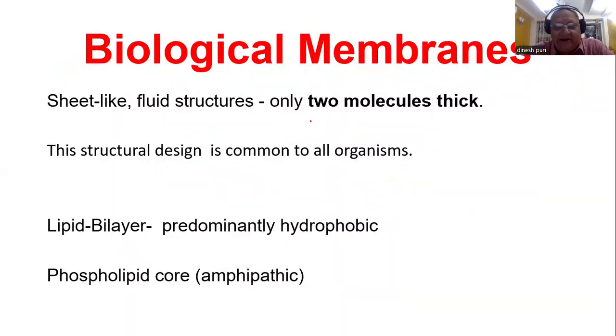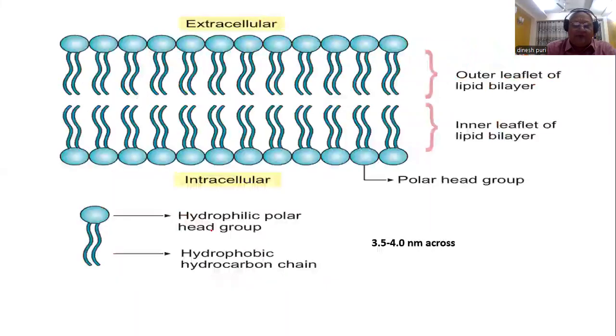The membrane is only 2 molecules thick. This elegantly simple design is common to all organisms. It is referred to as lipid bilayer, which is predominantly hydrophobic. As you can see here, only 2 molecules, lipid bilayer, and predominantly it is hydrophobic.